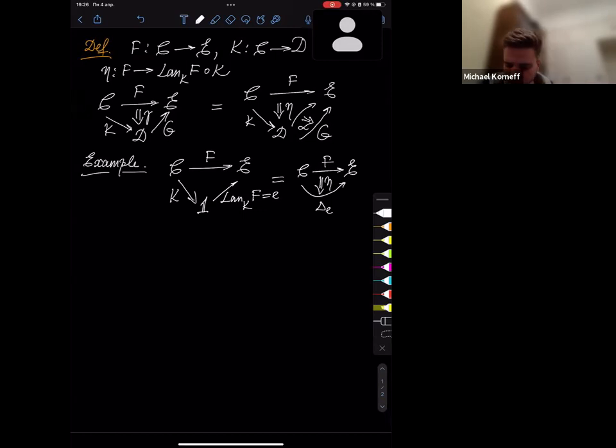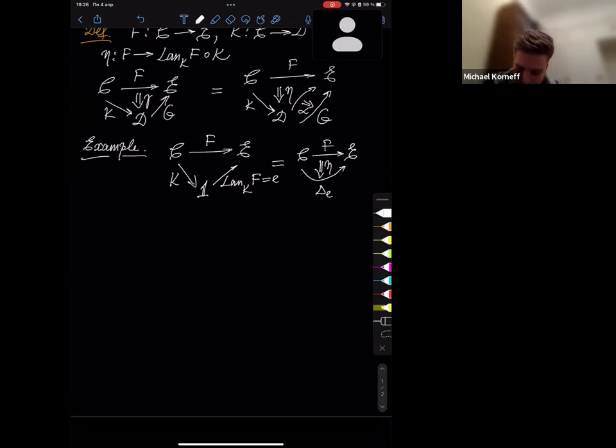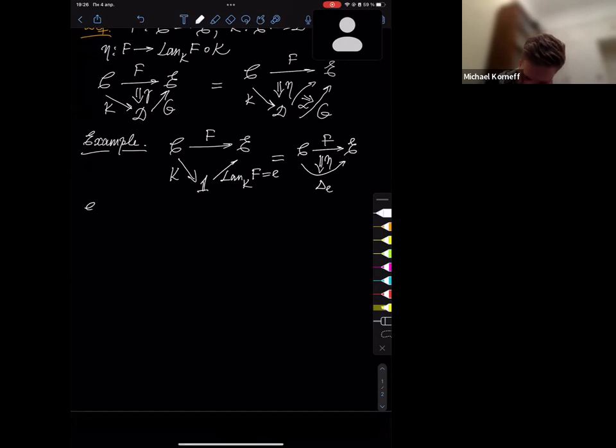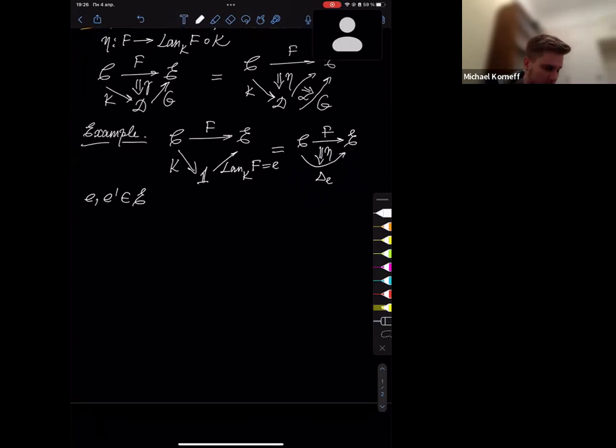Which says that if we have two objects E and E prime in the category E, then we have the following. We can notice that delta E is a cone, and we have a morphism between cones, and for such two objects, we have the following.